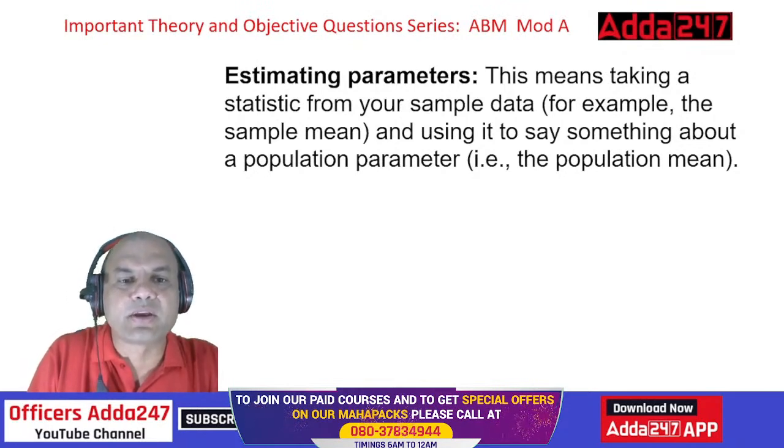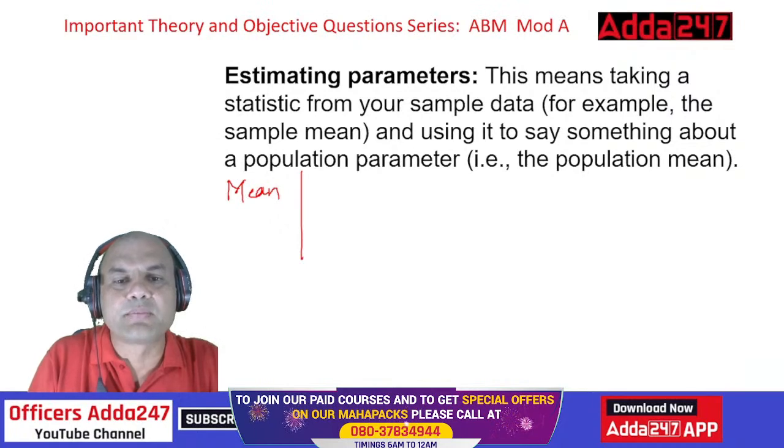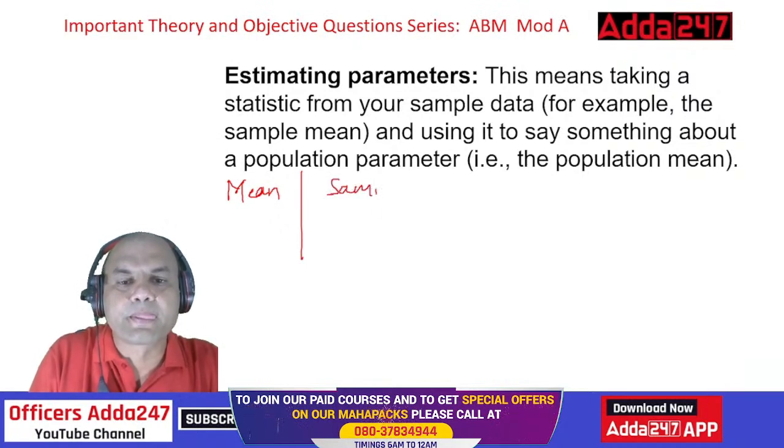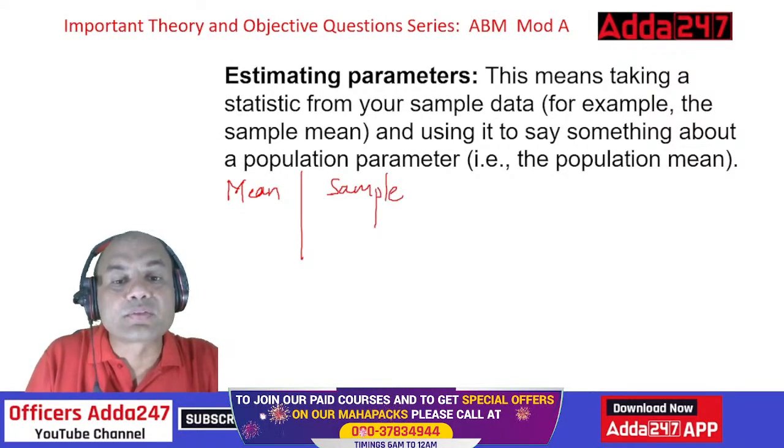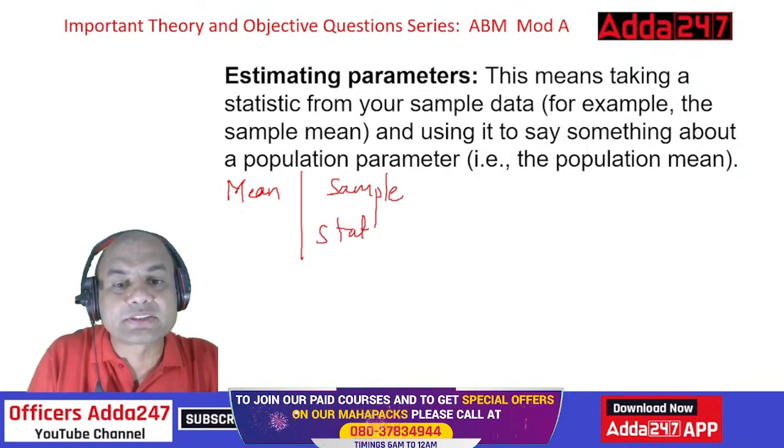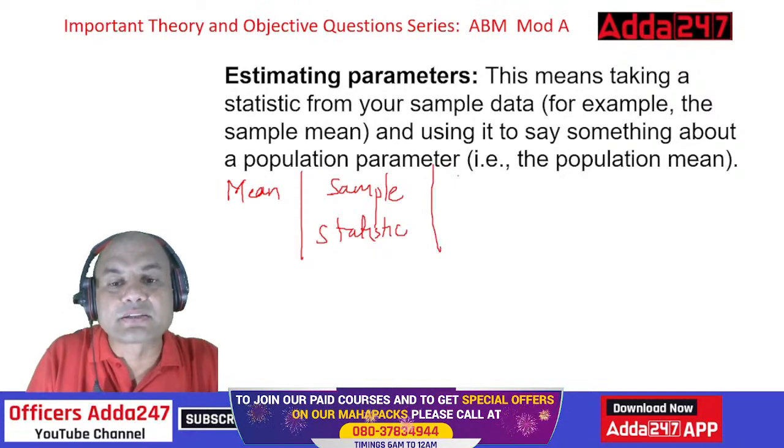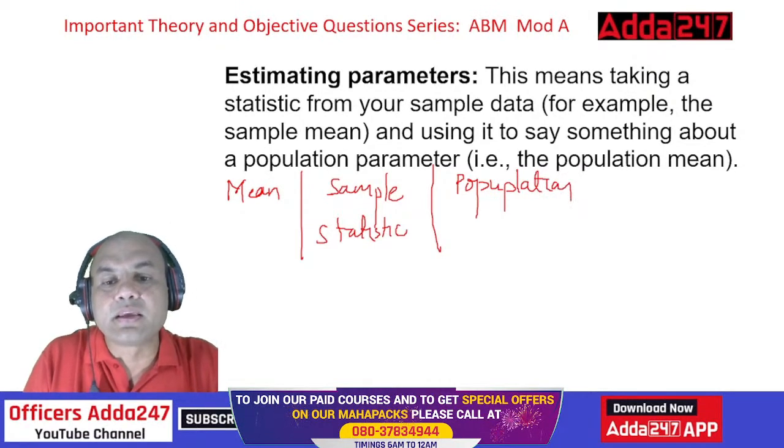Suppose I find a mean for a sample. It is called a statistic. Mean for a sample is a statistic. And if I find a mean for the population, then it is a parameter.